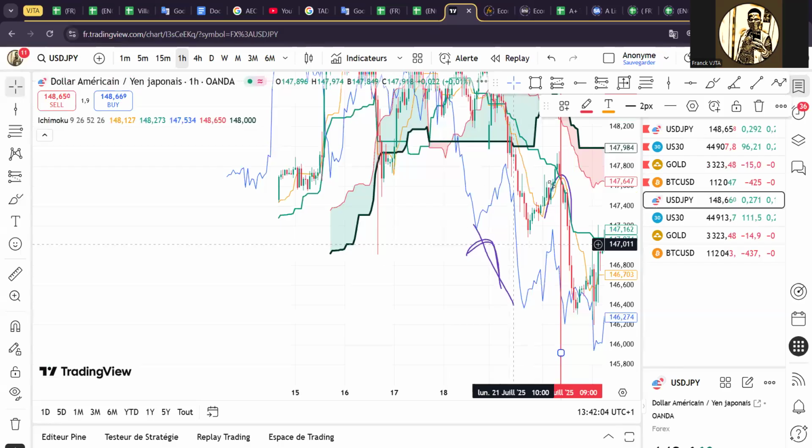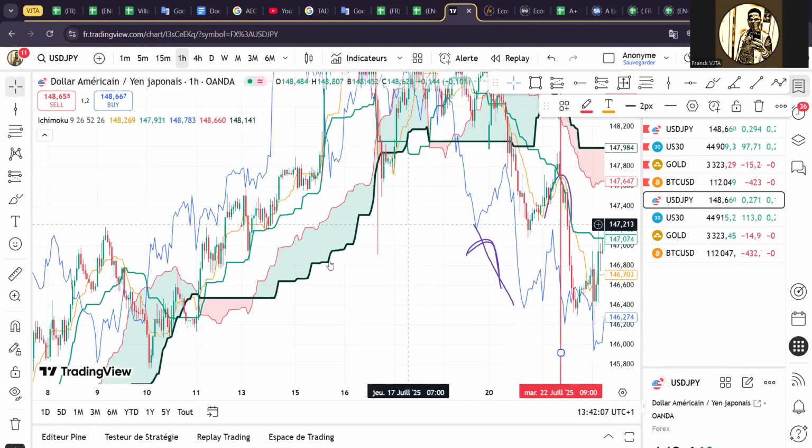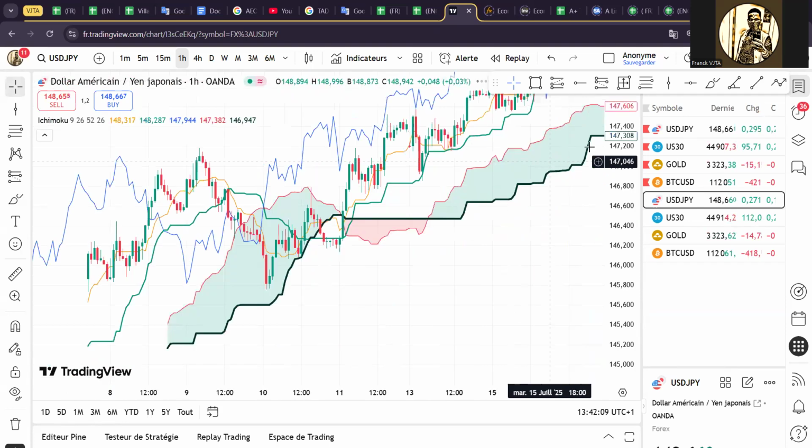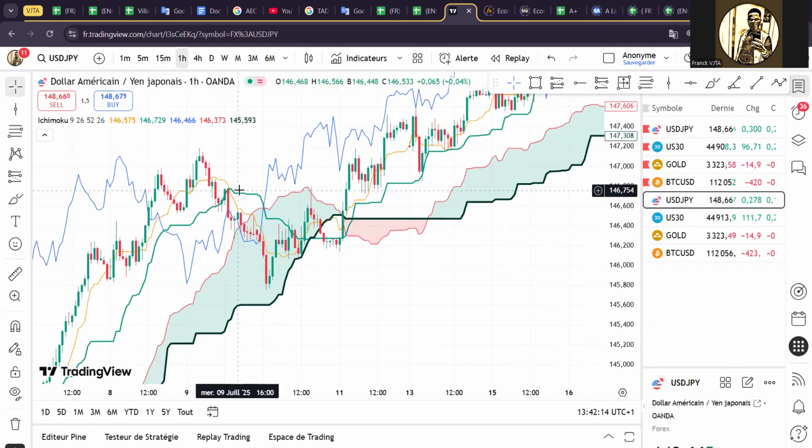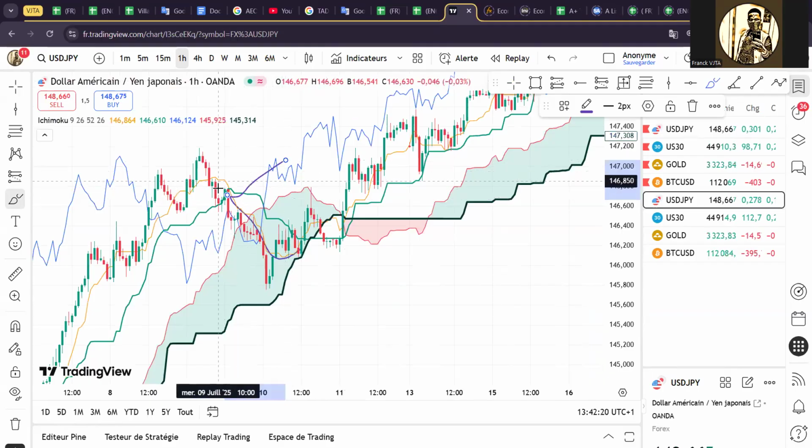The TK correction here is not that big. You cannot even say that you stay in correction. TK didn't make something as long as this one. It just made a small thing like this, and then everything continued. The downtrend continued.